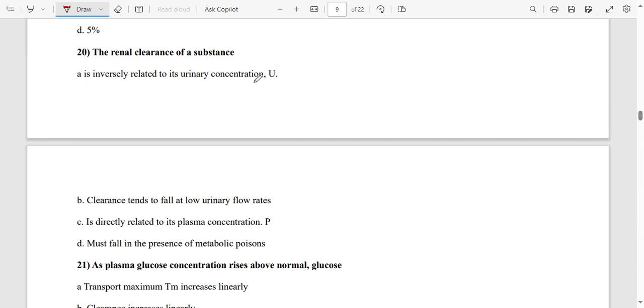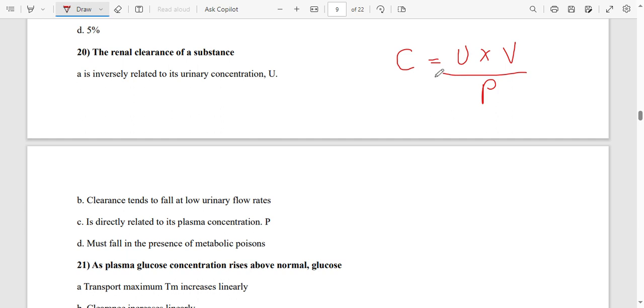The renal clearance of a substance is inversely related to urinary concentration, clearance tends to fall at low urinary flow rates, is directly related to its plasma concentration, must fall in the presence of metabolic poisons. So clearance is given by this relationship: the concentration of that substance in urine multiplied by urine flow rate, divided by the concentration of that substance in plasma.